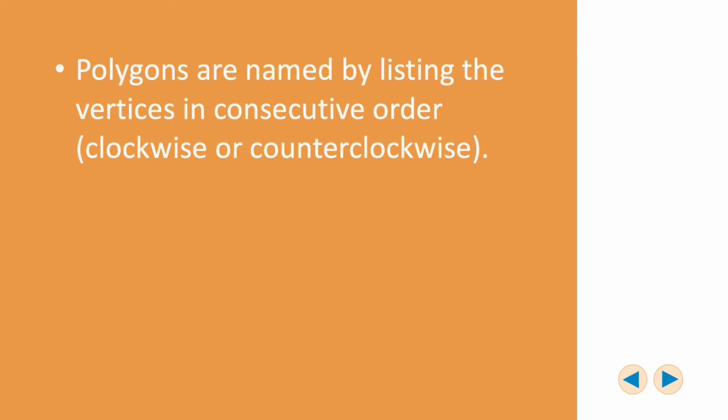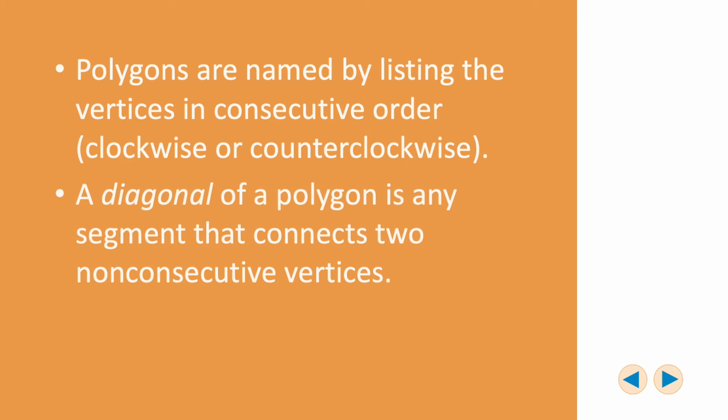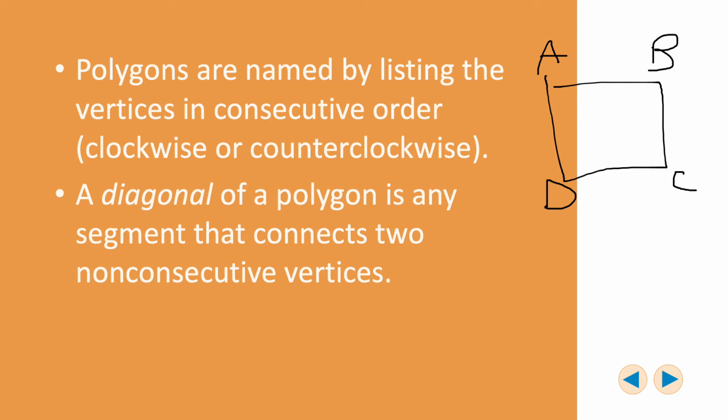Alright, so polygons are named by listing the vertices in consecutive order. A diagonal of a polygon, excuse me, is any segment that connects 2 non-consecutive vertices. Let's see if I can draw an example out for you. Okay, so if I have a polygon, a square, okay, this is A, B, C, D. I cannot call this square ACBD.